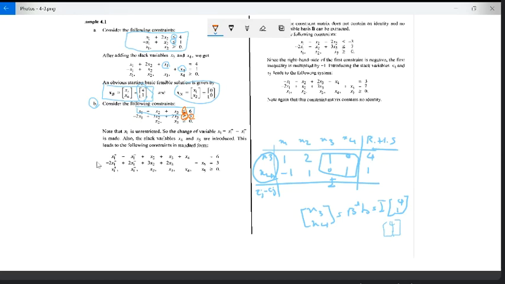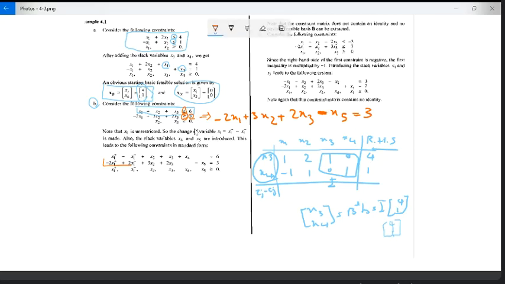We have minus 2x1 plus 3x2 plus 2x3 minus x5 equal to 3.